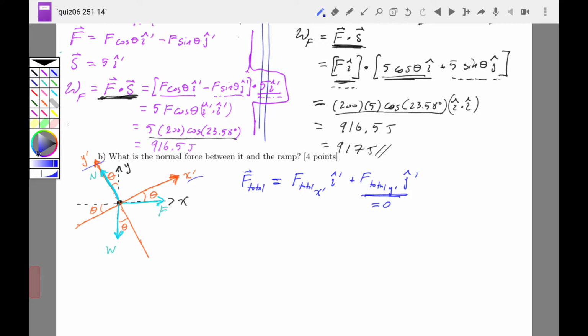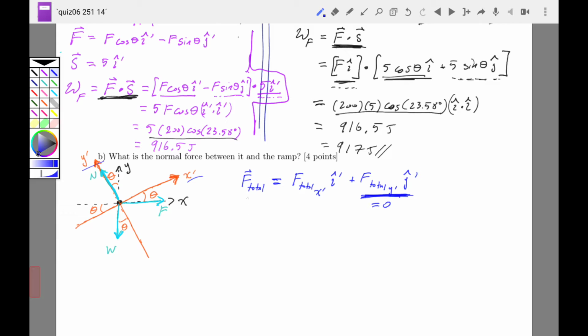So that's not a good reason. It doesn't happen. If you push something against an incline and you push it up the incline, it doesn't magically accelerate away from the incline. You're pushing it into the incline. I guess you could push it through the incline, but that's not what this problem is even remotely about. So this component of the total force must be zero.